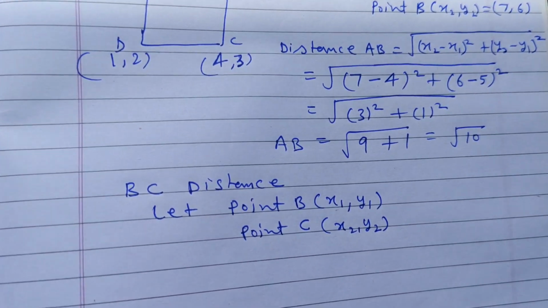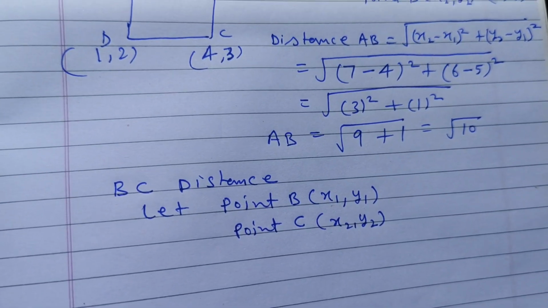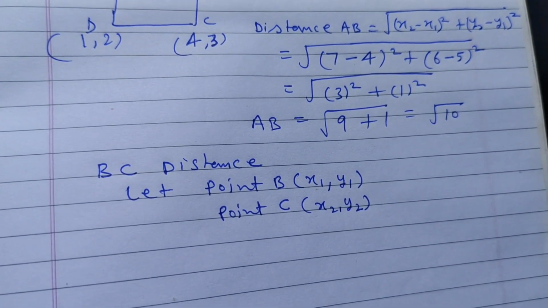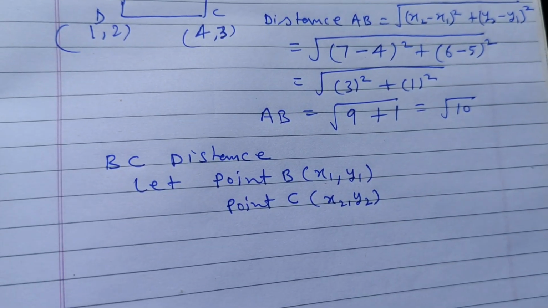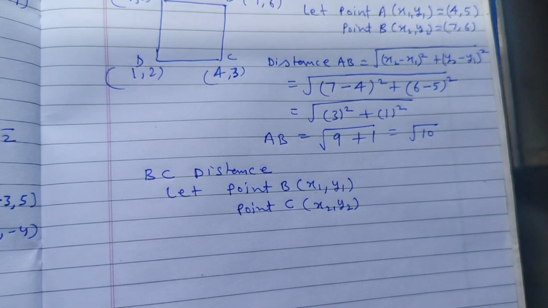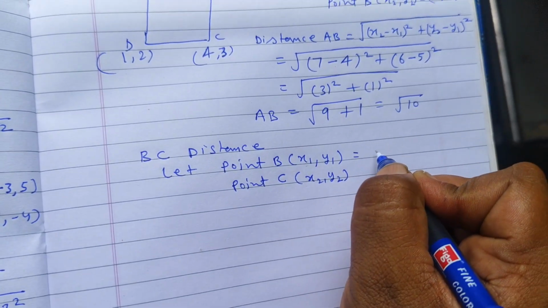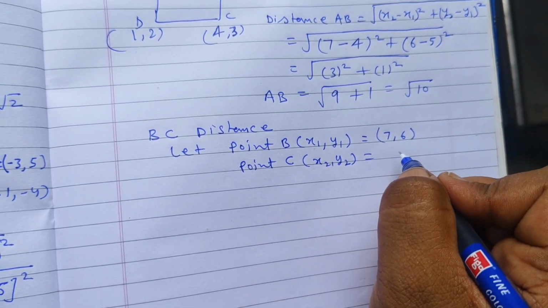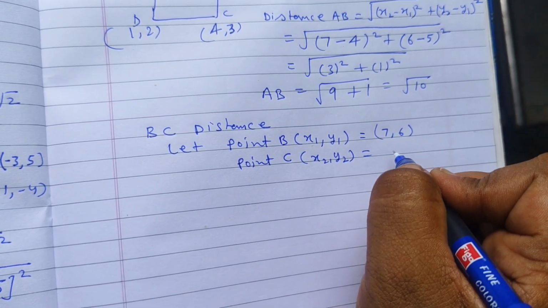Here we are finding the distance between points B and C, where B is 7 comma 6 and C is 4 comma 3.